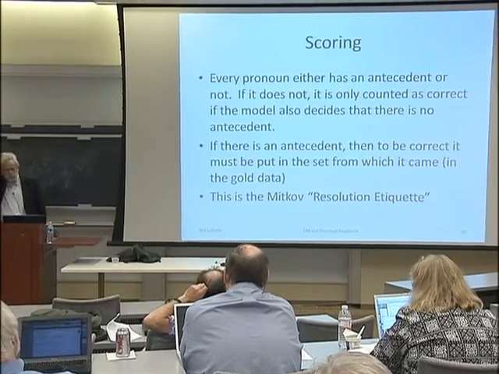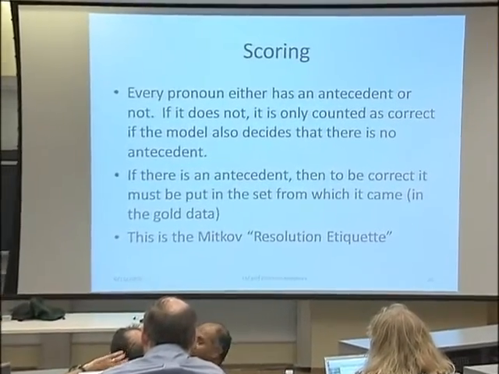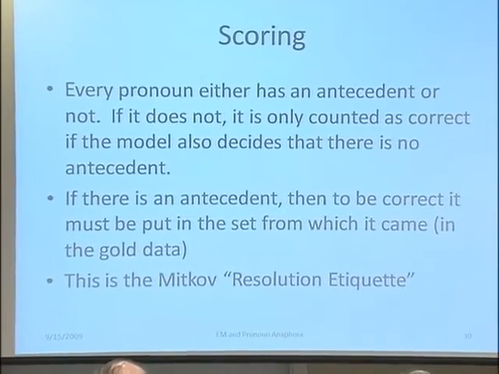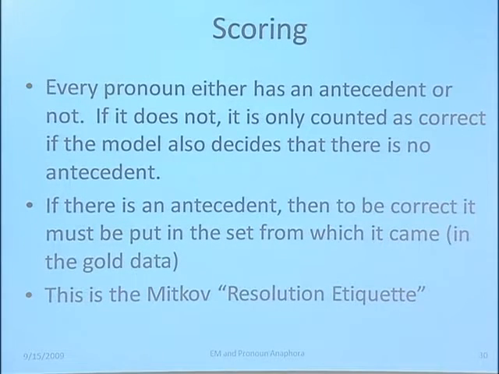scoring. As I said, I'm going to score in the following fashion. First, you have to guess, does this pronoun have an antecedent or not? If you guess it does not, then you're only correct if that indeed is the correct decision. If you guess it does have an antecedent, and in fact that's the correct decision, then you have to guess the antecedent, and if you guess that correctly, then you get it right.